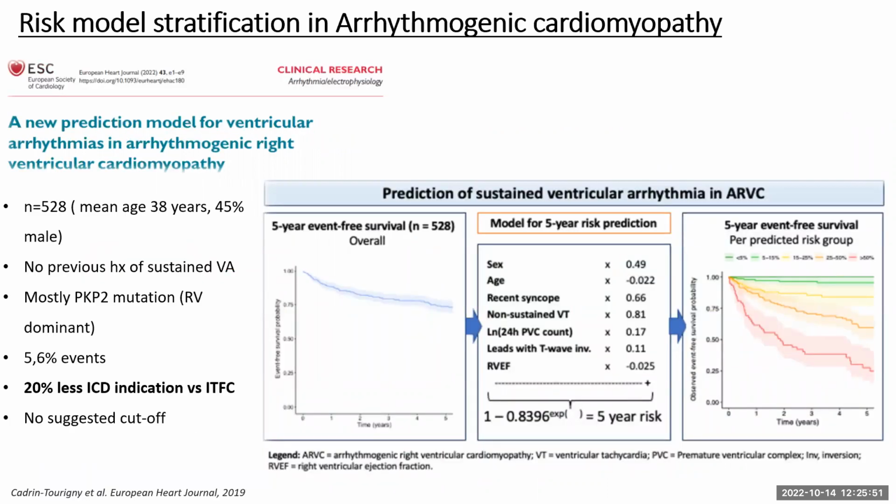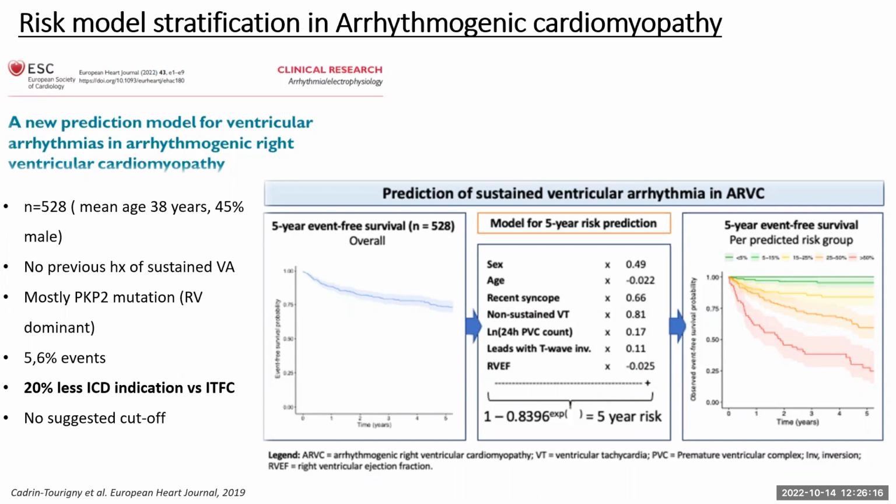Recently, a new score was developed in a similar way to the European HCM risk tool. It uses clinical and ECG parameters along with the RV ejection fraction for predicting the 5-year risk of life-threatening ventricular arrhythmias. It seems to perform better than the guidelines recommendation, with up to 20% less ICD indication without a penalty of increasing risk.